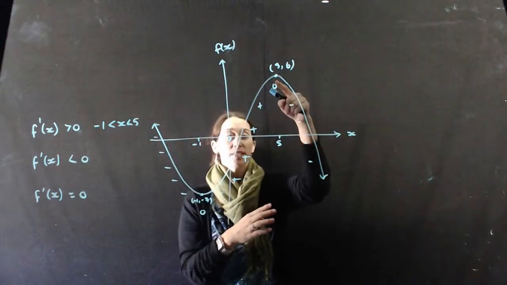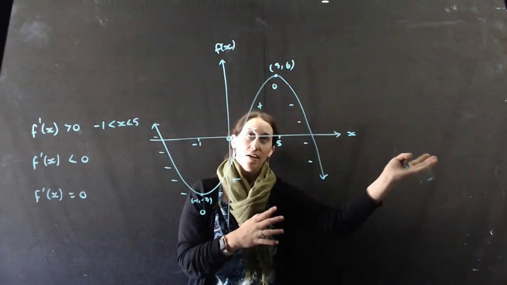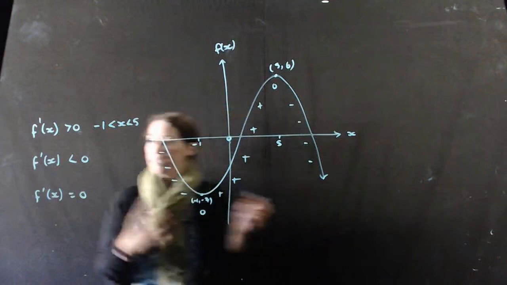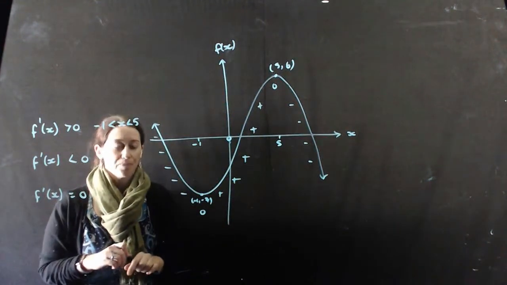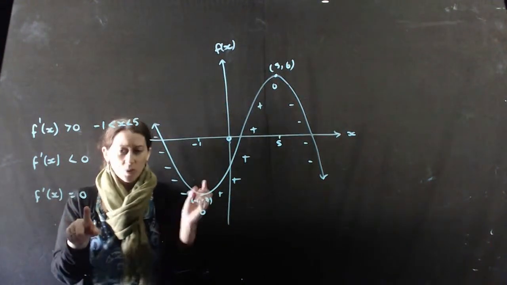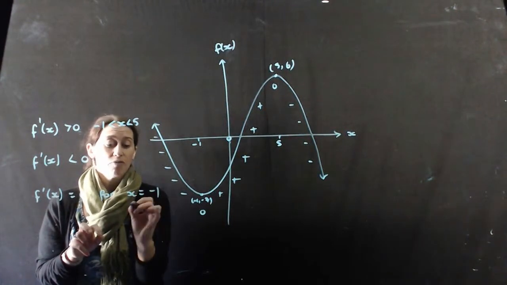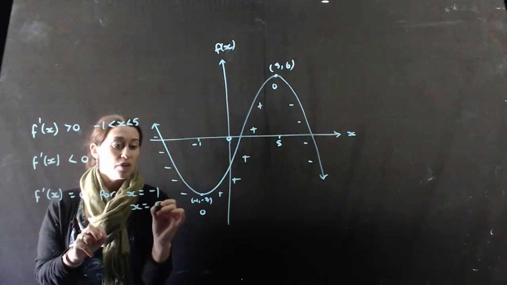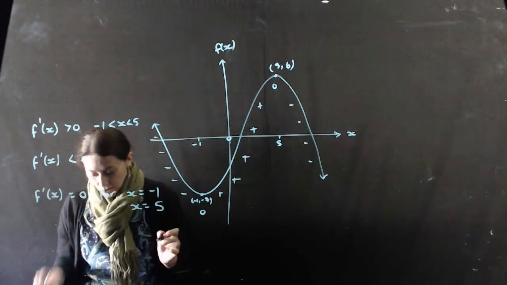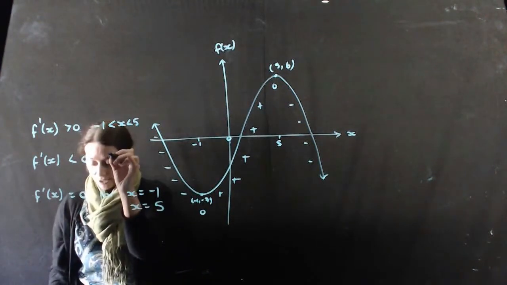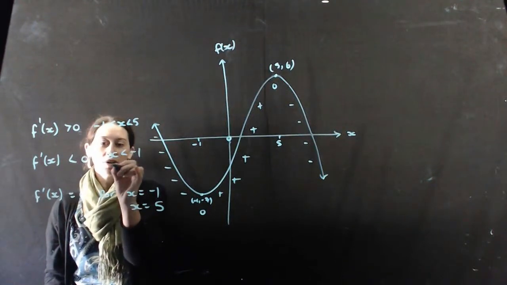And of course, we want to say x greater than 5 towards infinity for when it's less than 0. And then when it's equal to 0, we'll be writing for when x equals -1 and for when x equals 5. Okay, so just finishing that one off, then I'll write for x is less than -1 and x is greater than 5.